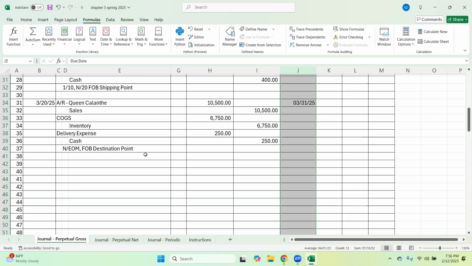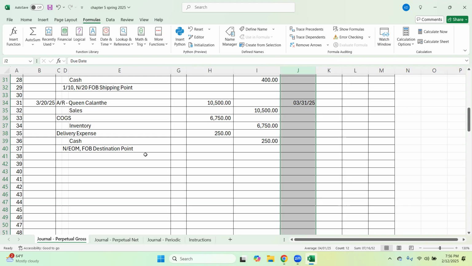Well, if it's FOB shipping point, as soon as that merchandise goes into those trucks and begins to travel to the buyer's place of business, it belongs to the buyer. So with FOB shipping point, the buyer would be responsible for making the insurance claims and trying to recoup the cost of that lost merchandise.